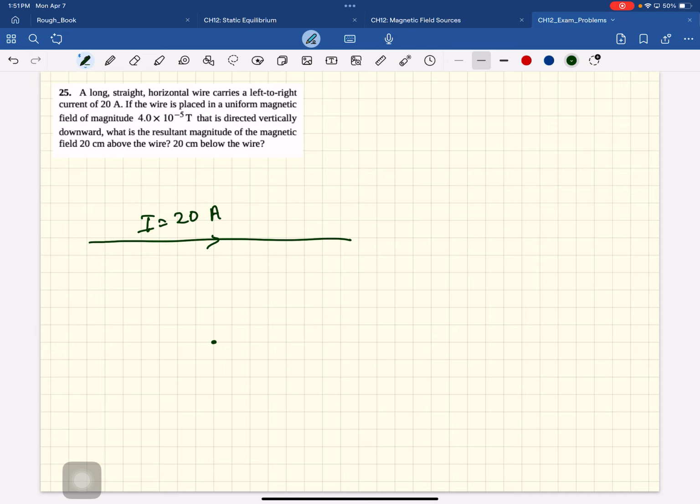What direction will the field be below this wire? Out of the paper? Into the paper. Yes, it'll be into the paper. And the strength of this field due to the wire will be mu naught I over 2 pi r, where r is this distance.